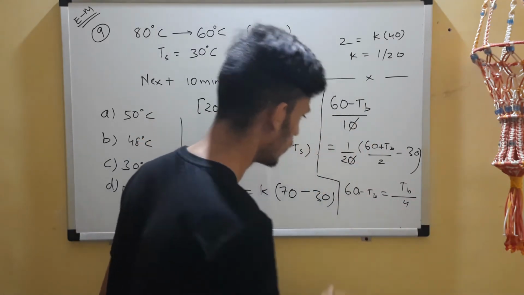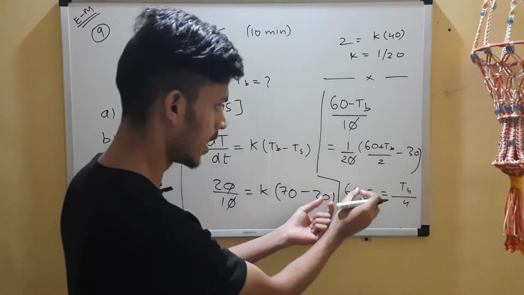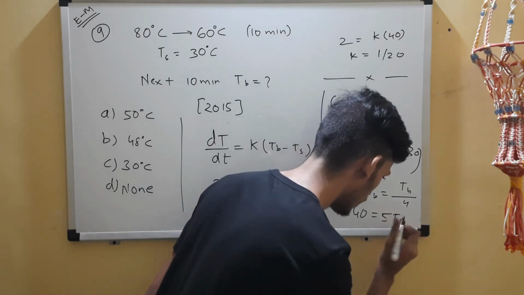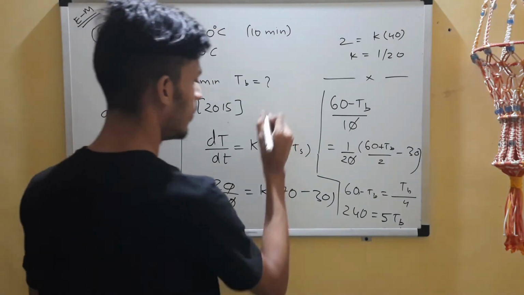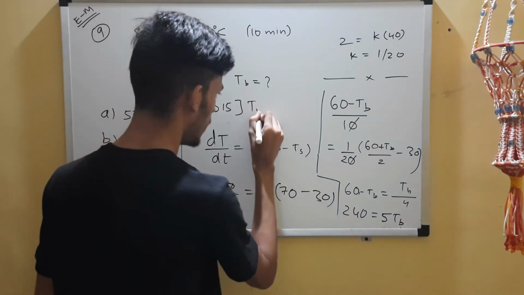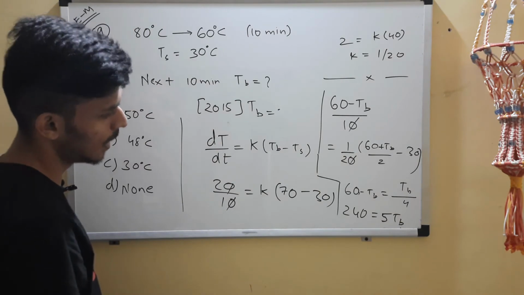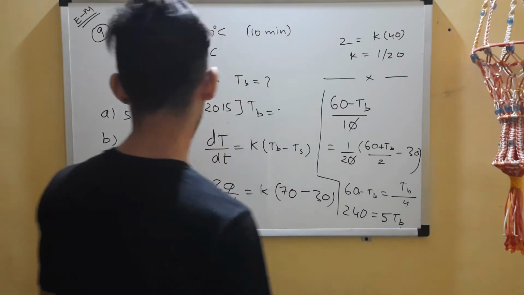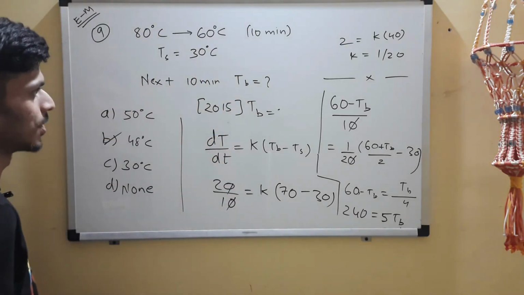So 60 into 4, 6 4s are 24, 240, and that will be minus 4 TB. Over to the next side, 5 TB, right? Just solving, okay. So 5 TB equals 240, which means the temperature of the body is 240 by 5, which is 48. 48 will be the correct answer.